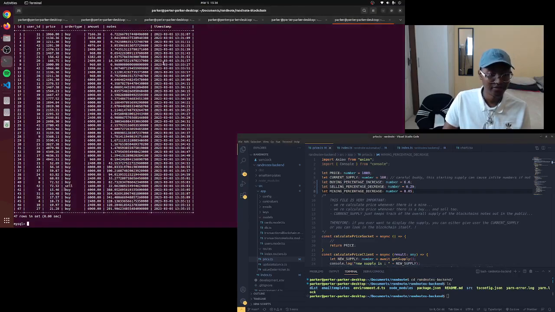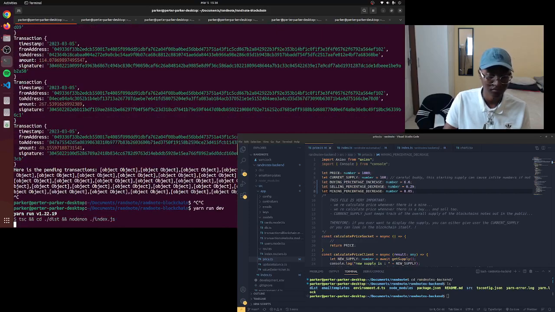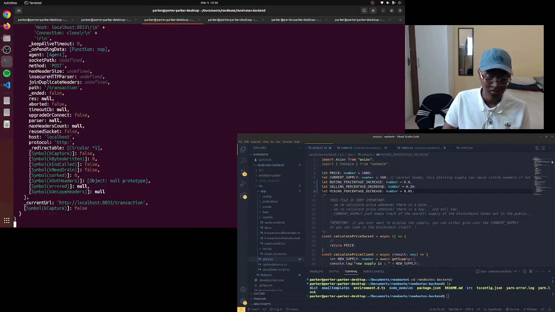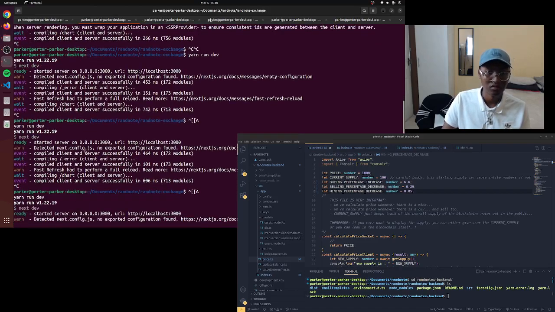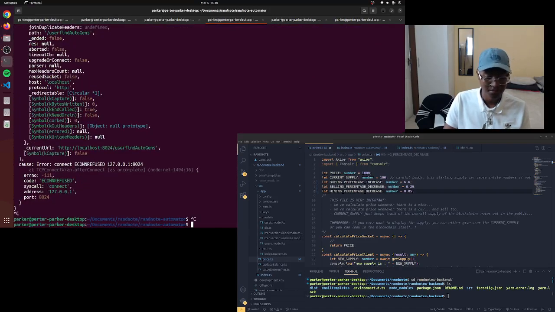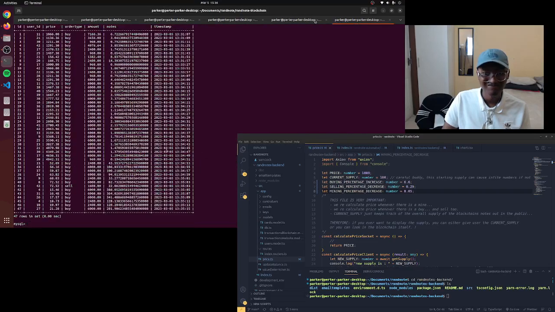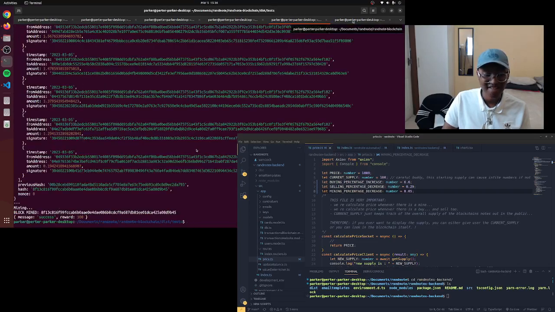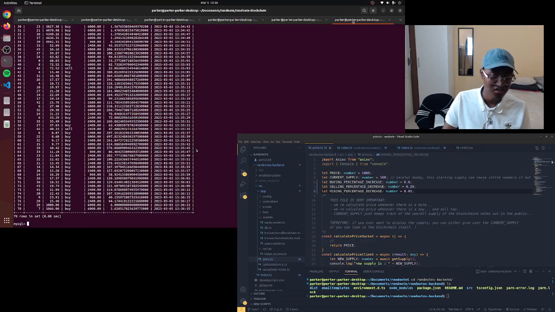Okay, let's try that. Run the automator, run transaction.